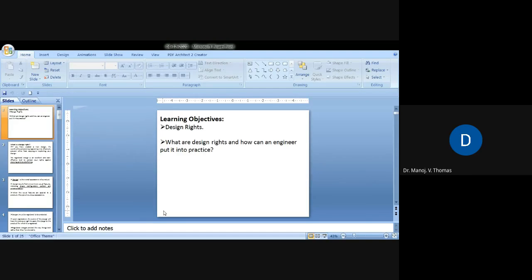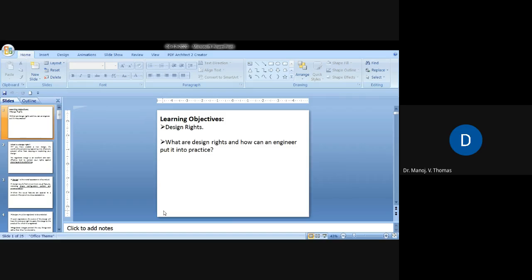So you are part of a design team in a company, and you have made a wonderful design for a particular product, say, for example, a mobile phone. How will you prevent others from copying that particular design?